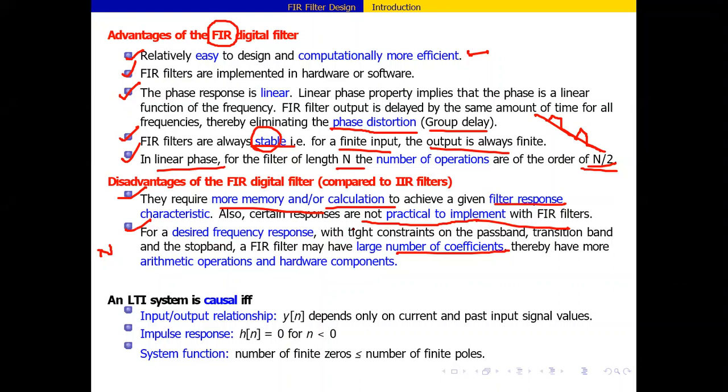That increases the memory requirement, thereby more arithmetic operations and more hardware components are required in the FIR filter design. Whereas in the IIR filter, because of the feedback connection, that many coefficients need not be stored and the hardware requirement is also less.